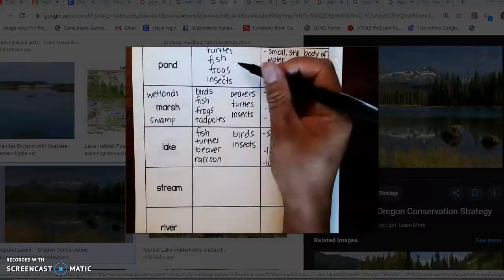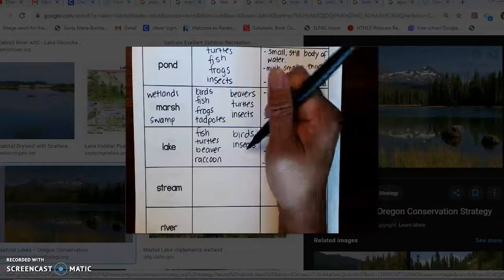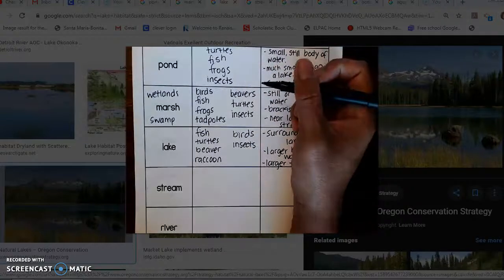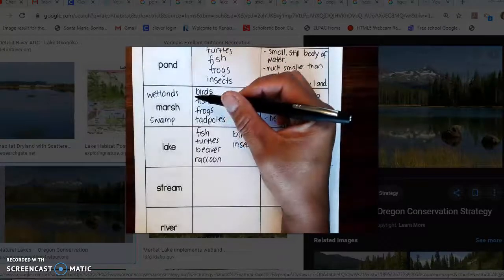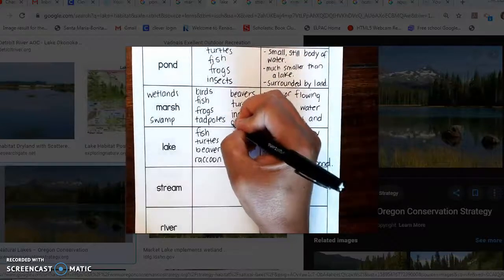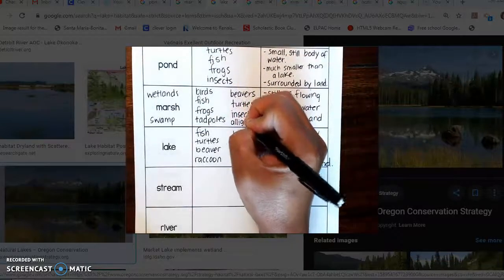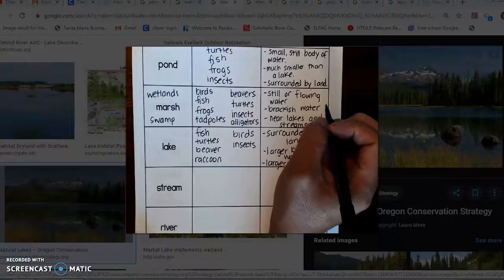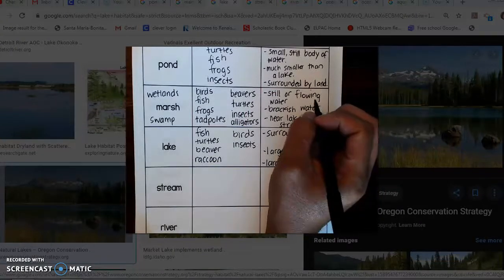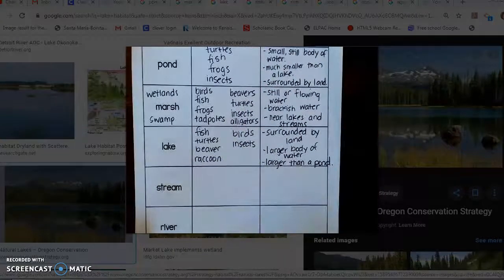They have these similar types of animals. Oh, I forgot one at the marsh, guys. At the marsh, you're definitely going to find alligators, right? Alligators and crocodiles are definitely a type of animal you would see at the marsh. So don't forget to put that.